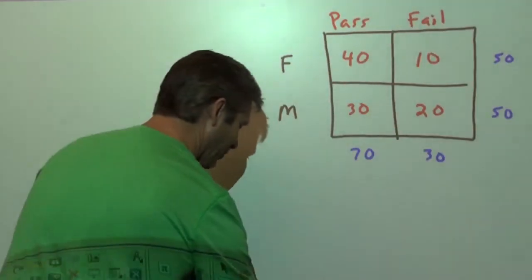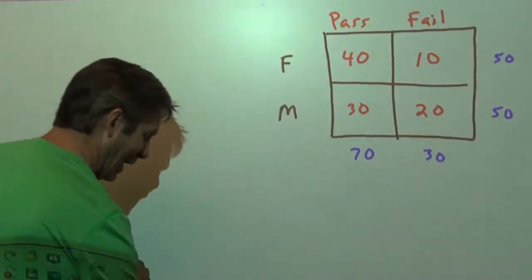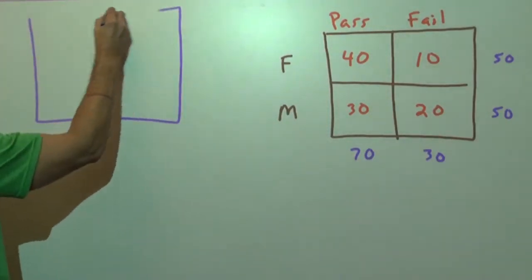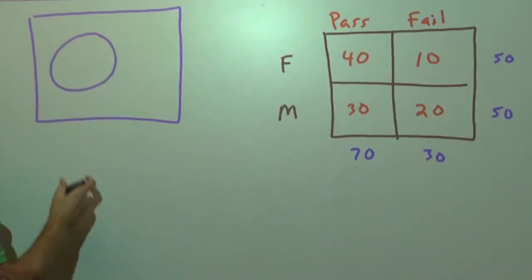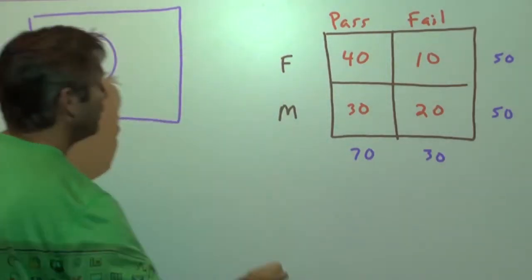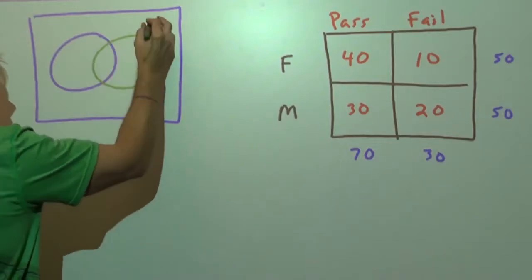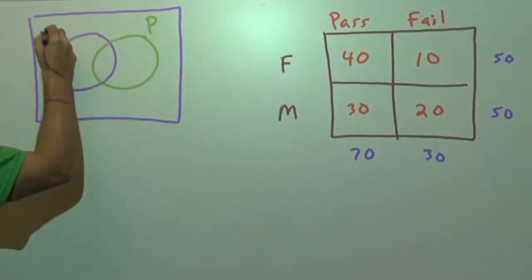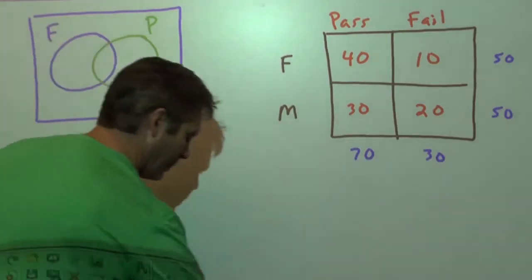Now we can take this information and also show it as a Venn diagram. Let's look at the universe here and these two sets. We'll say this set is whether someone passed the test or not, and this set is whether we have a female or not.